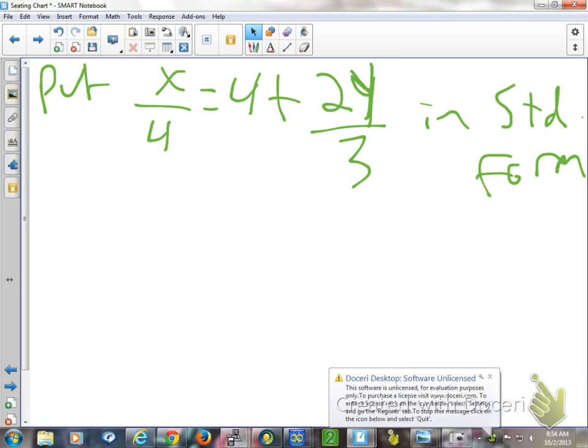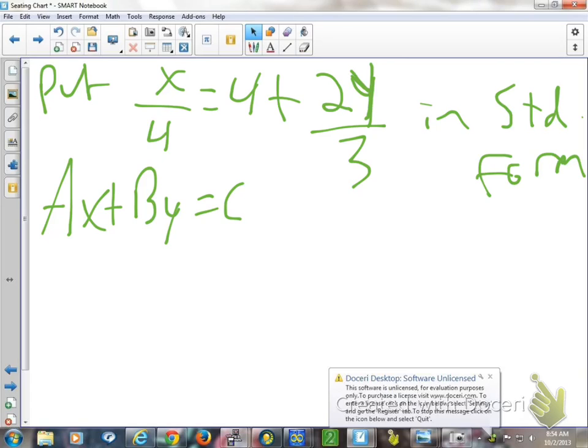What's standard form? Gerard, I think I heard you say this yesterday. What's standard form? Ax plus by. Right, which basically just means put your variables on one side, except you can't have any fractions, and x has to be positive.